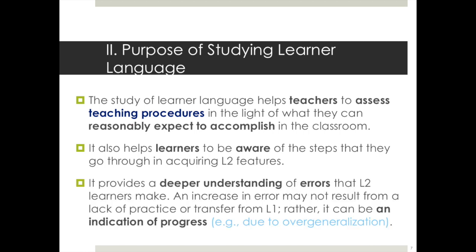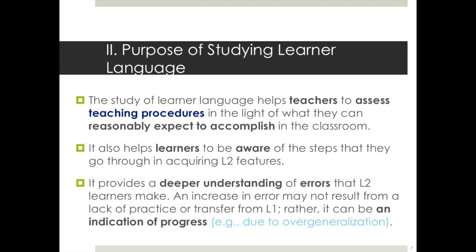And finally, why it is beneficial: it provides a deeper understanding of the errors that second language learners make, and it breaks the stereotype that errors are an indication of lack of practice or of transfer from the first language.